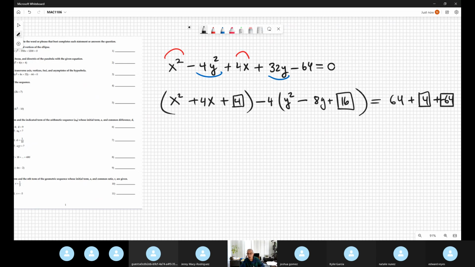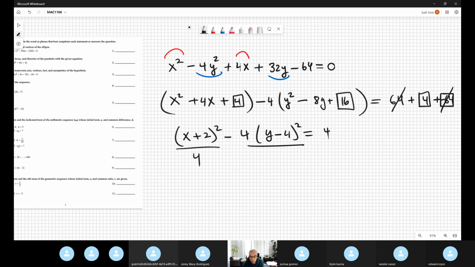Now factorization. The factorization is x plus 2 squared minus 4 times y minus 4 squared equals, wow, look at that, 64 positive and 64 negative cancel out. Stay 4 alive. Now finally, in order to express in standard, you divide everything by 4.